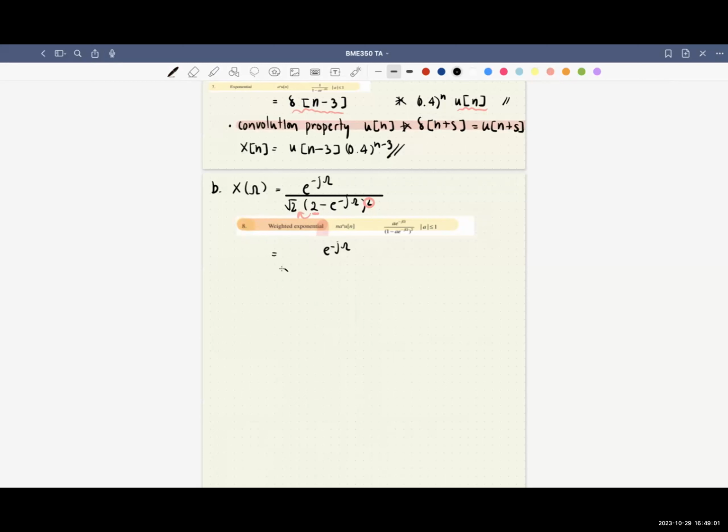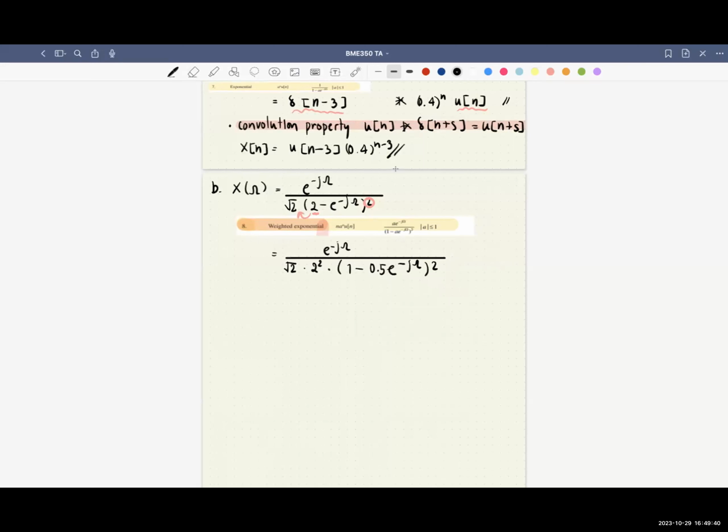Square root 2 is also the same. But now I take out 2 from the bracket and it has a square. So it's going to be 2 squared times, if I take 2 from here, what remains is going to be 1 minus 0.5 e to the power of negative j omega, all squared.